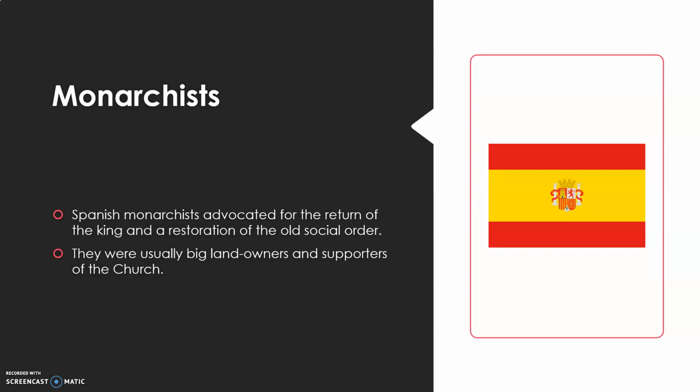The monarchists represented tradition and a kind of a feudal approach to relationships. Many people who identified as monarchists were big traditional landowners who came from noble families. A lot of them owned big estates, especially in the south of Spain.